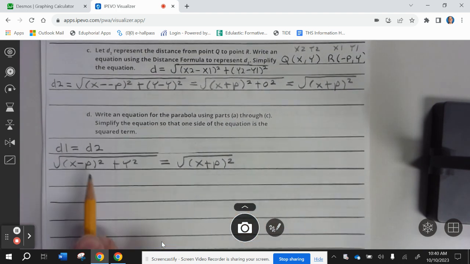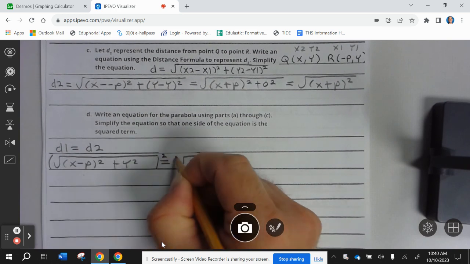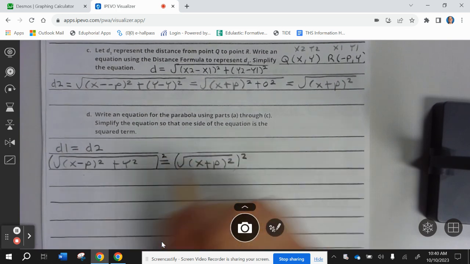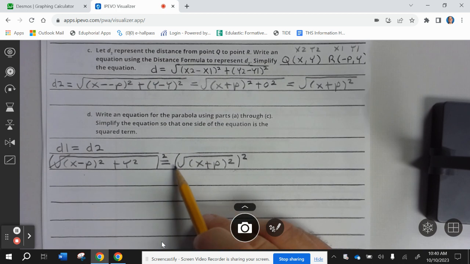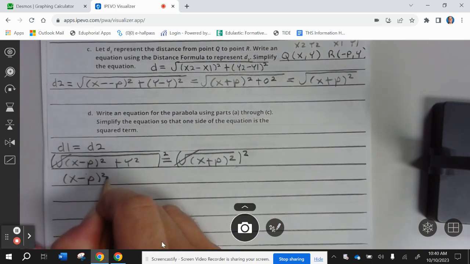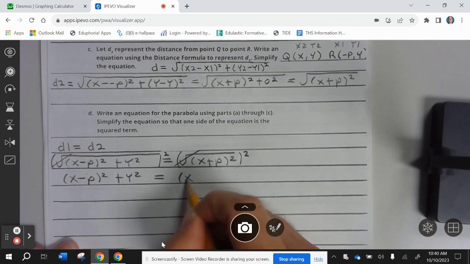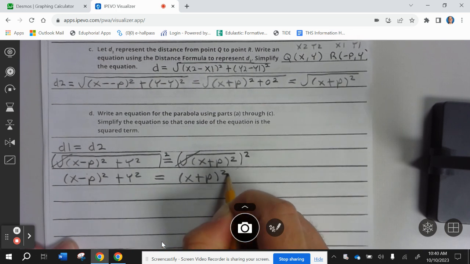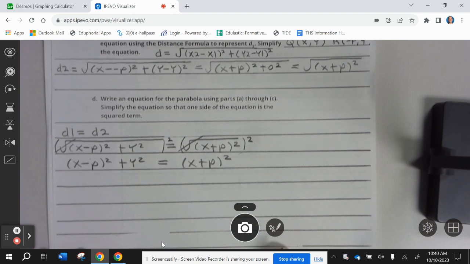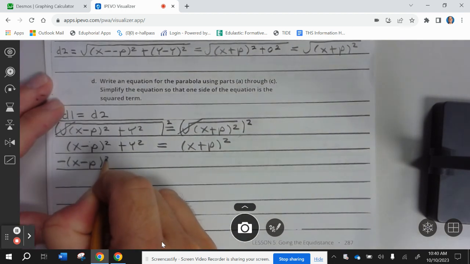Now to solve, these have both square roots, so you're going to square both sides. The square cancels the square root, so you're left with (x minus p) squared plus y squared equals (x plus p) squared. So we're going to subtract (x minus p) squared from both sides.